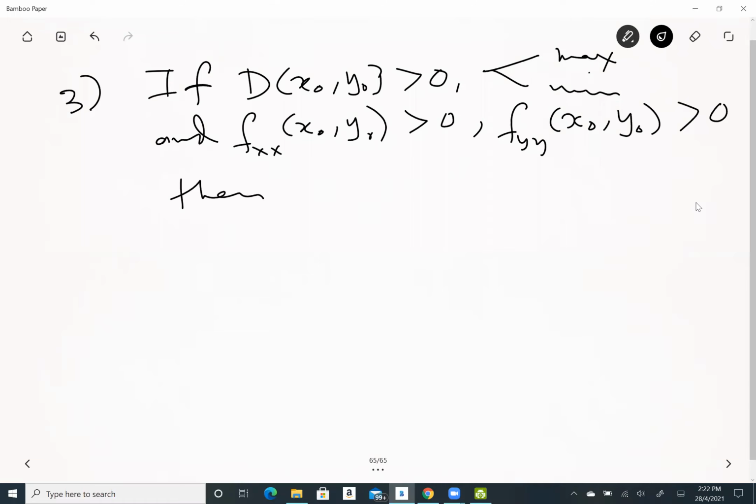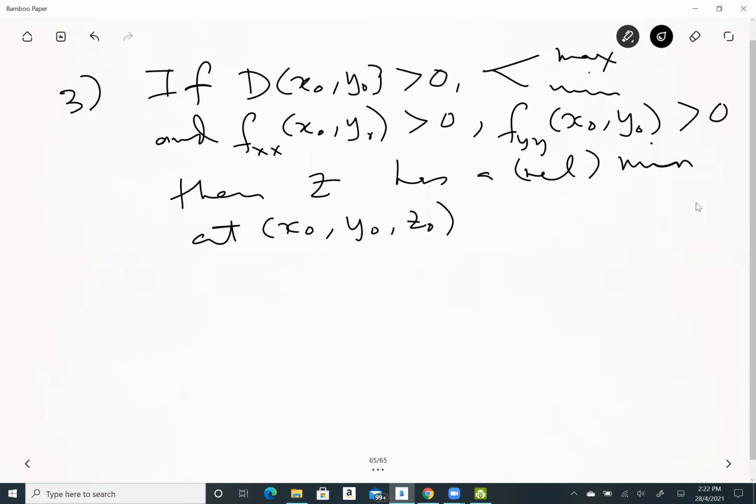Then we say that the function has a relative, or sometimes you don't have to say relative, minimum at x0, y0, and of course you put in that z0. All right, so that is a minimum. So you see, for a minimum you have to have 2 conditions.